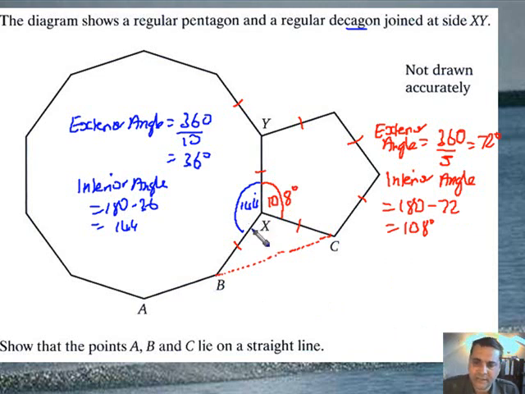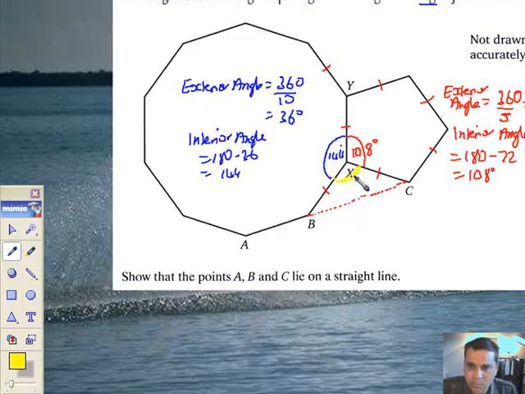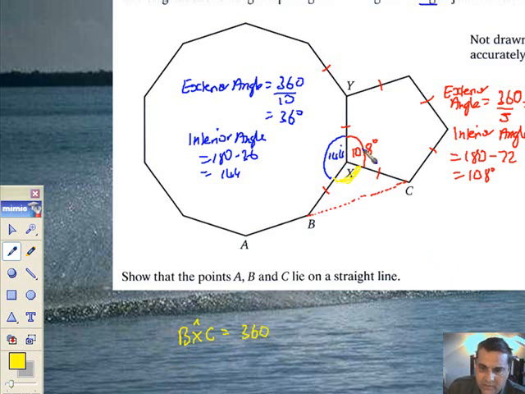So I'm now going to find this angle here. I better change colour, do it in yellow, it stands out well. I want that part there. Well, I have to call that angle BXC, don't I? Alright, so BXC is going to be 360, because again angles at a point come to 360.